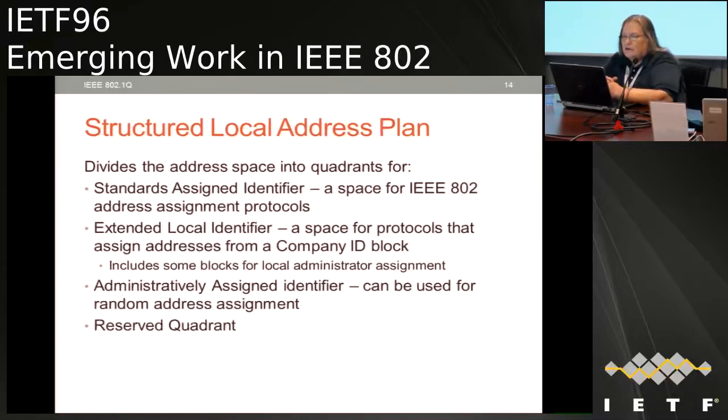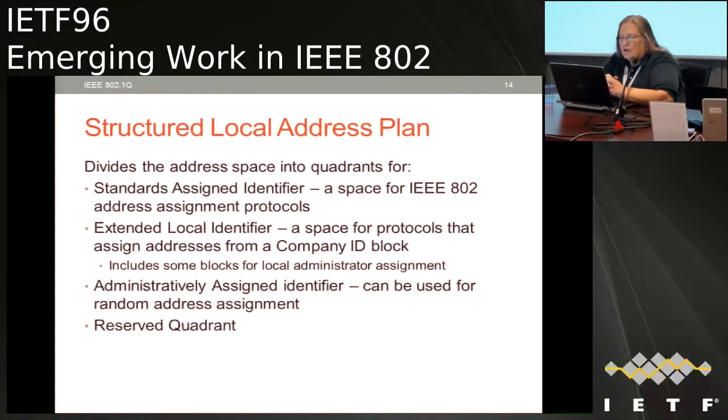Basically, right now this divides the address space into 4 quadrants. One is for a standards assigned identifier. That's a space in which we'll write IEEE 802 address assignment protocols to run in.